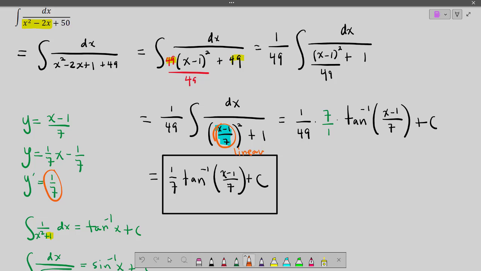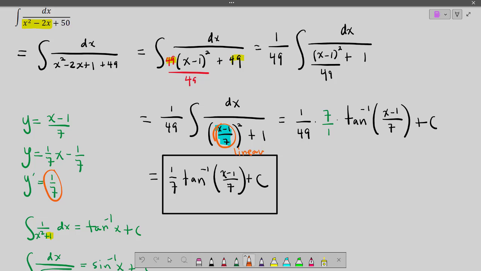Now, one thing, Katura: if you forgot that this is inverse tangent, you could use trig sub here and say, let's let tangent of theta equal this. And it would all come out in the wash.